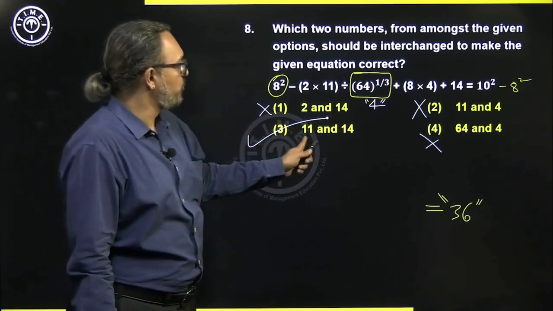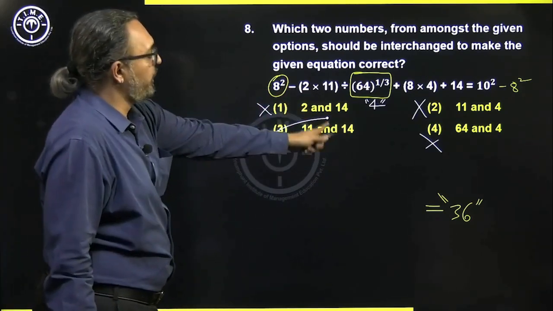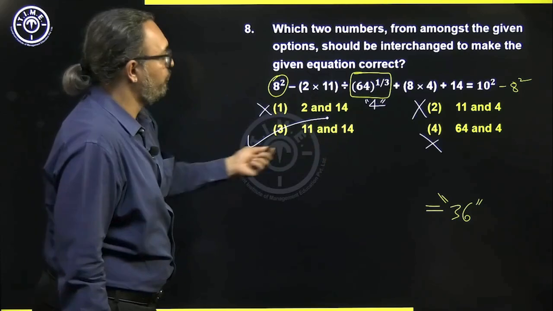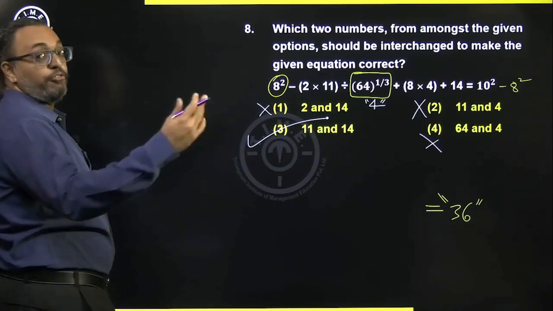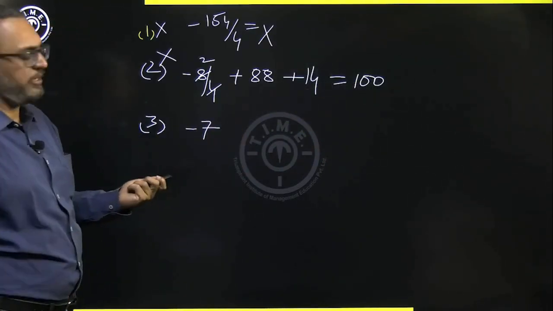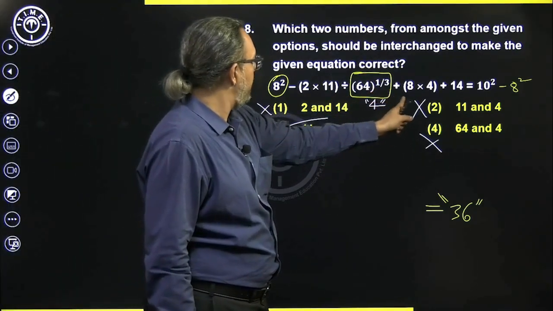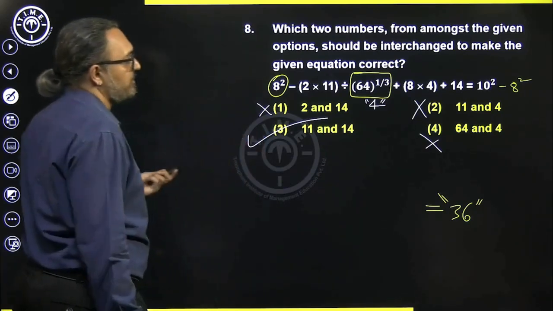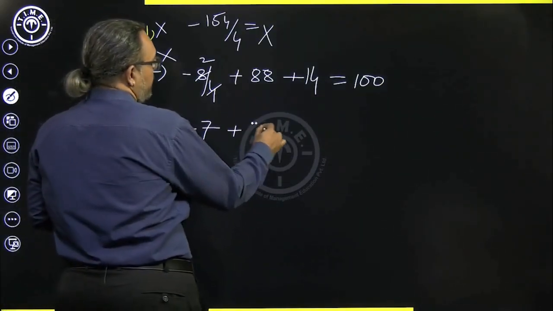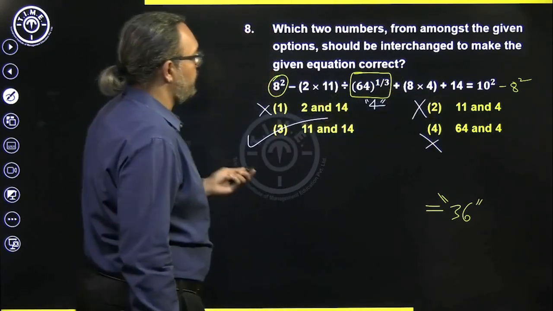Let's substitute 11 and 14 here. So I have here negative 2 into 14, which is negative 28 divided by 4. So negative 28 divided by 4 is going to be negative 7 directly. Okay. Then here plus 8 into 4. So that will be as it is, plus 32, and then plus 14 you replace it with 11.